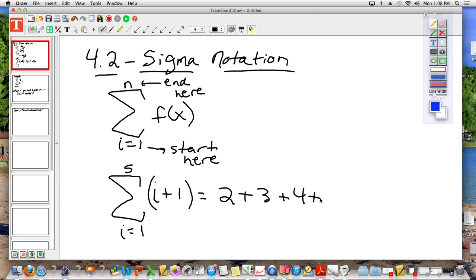And then if you put a 4 in, you'd have 4 plus 1, which is 5. And then if you put a 5 in, you'd have 5 plus 1, which is 6. And then you would add them all together. So what is 2 plus 3 plus 4 plus 5 plus 6, which you get? 20. So the value of this function would be 20 for the first 5 terms.